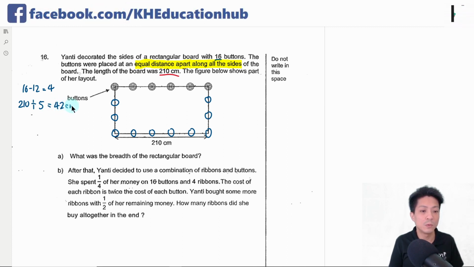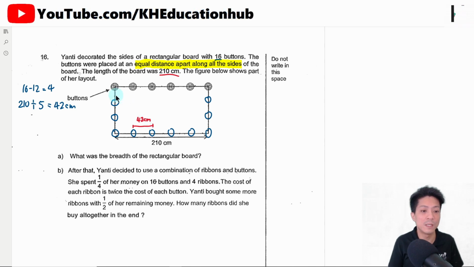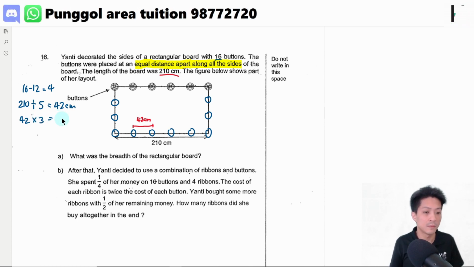Okay, 42 cm, so which means that here to here is 42 cm, and then the next step to find the breadth will be to use 42 times 3. Okay, 126 cm. This will be the answer for part A.